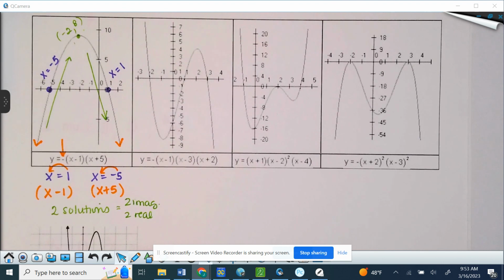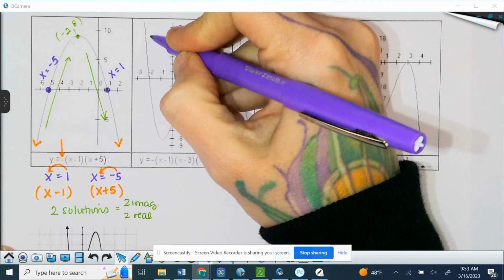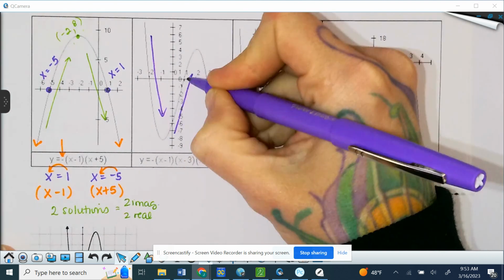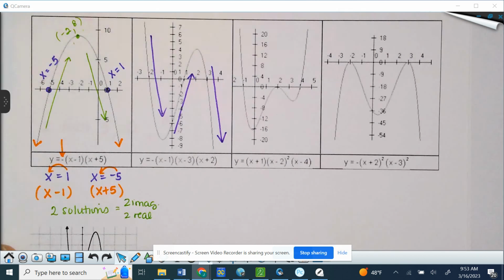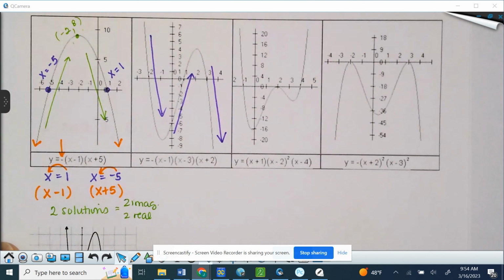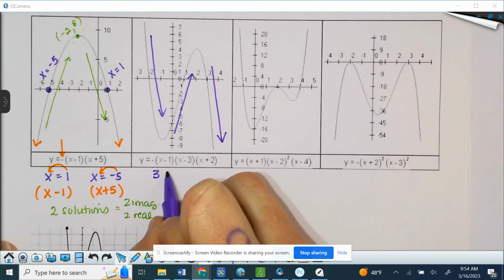So looking at the second one, so I have decrease, increase, decrease. That's 1, 2, 3. So when we're done with this function, multiplying it out, it should be to the third power, which means there will be possible 3 solutions.